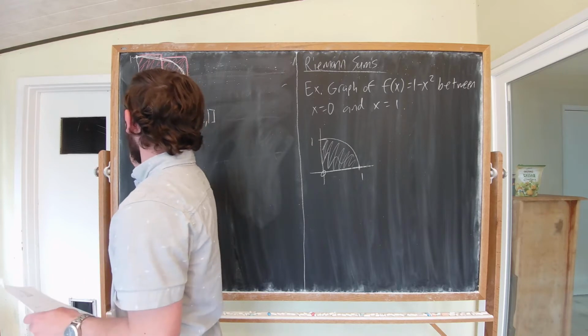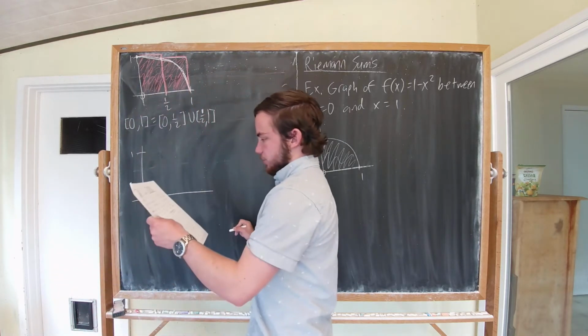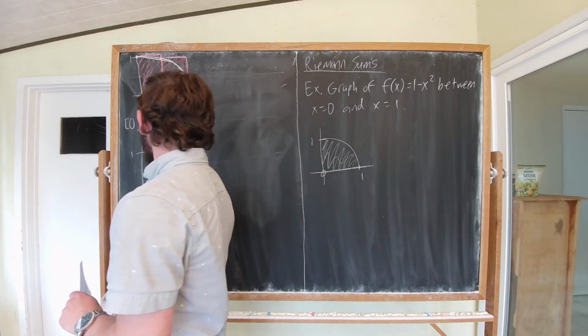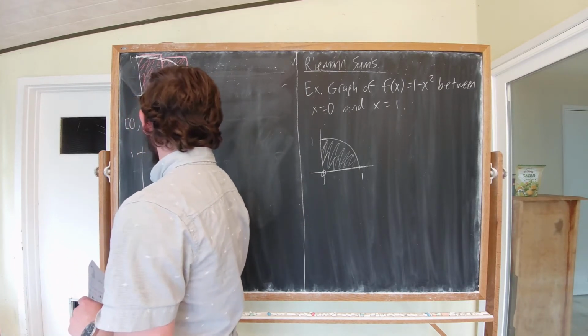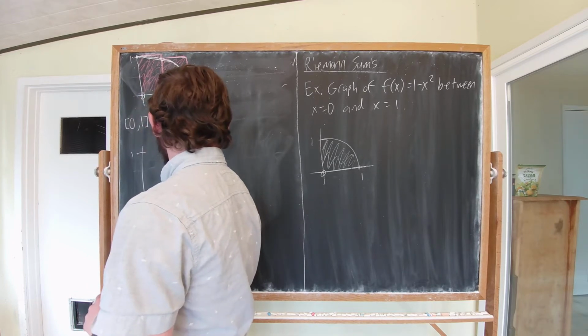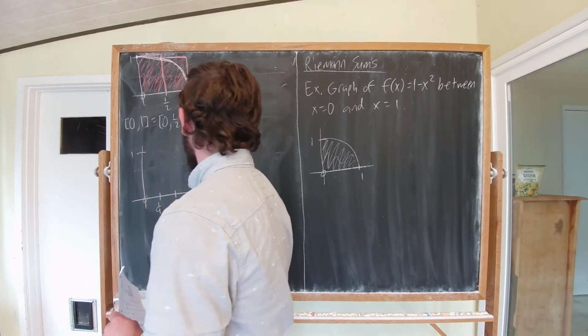Okay, well if I'm doing 4 rectangles instead of 2, we'd have 1/4, then 1/2, and then 3/4, and then 1.